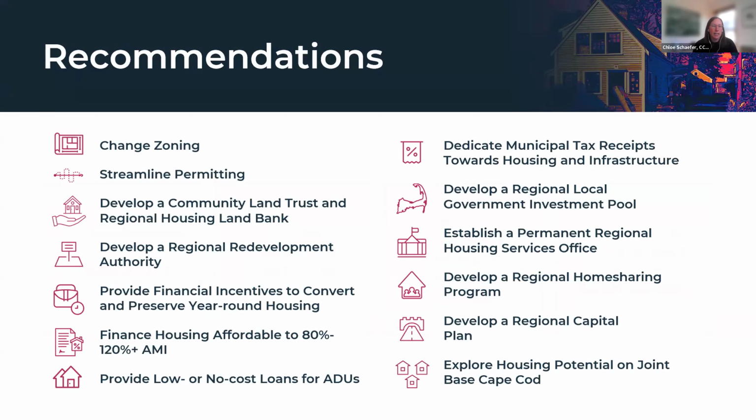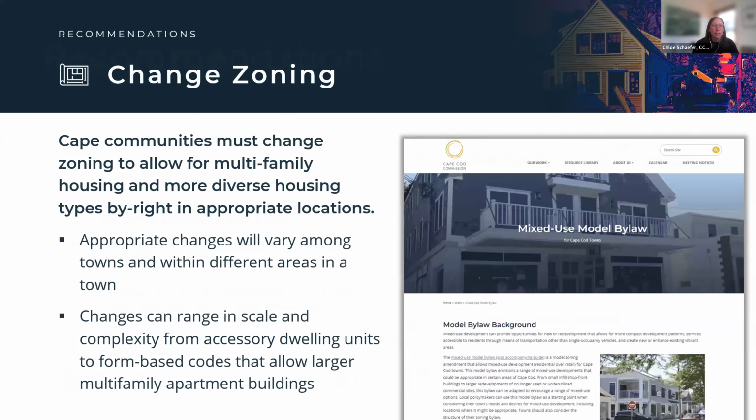But that first one here, what I think we're more focused on today, is changing zoning, and hand in hand with that, more streamlined permitting for appropriate housing in appropriate locations.